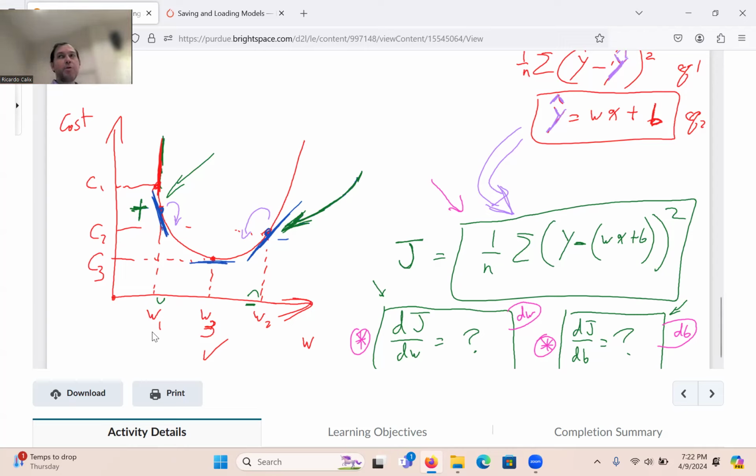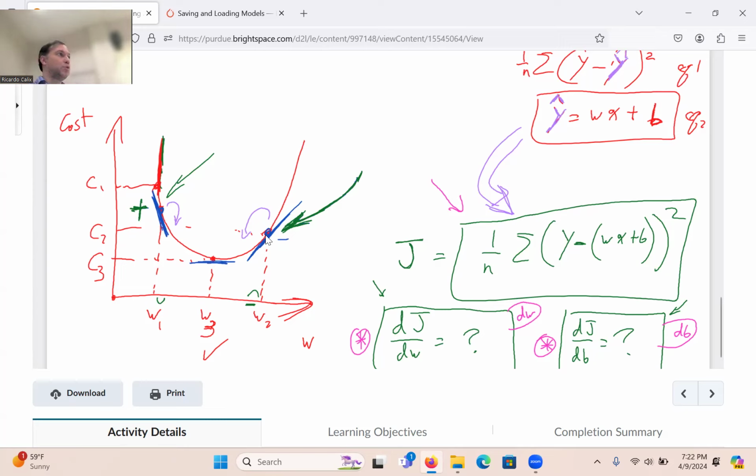So if you do W1 plus delta, which way do you go? Do you go in that direction or this direction? W1 plus little delta. Go in that direction, right? So you go towards the direction that is going to get you to the bottom of the bowl. Do you see that?